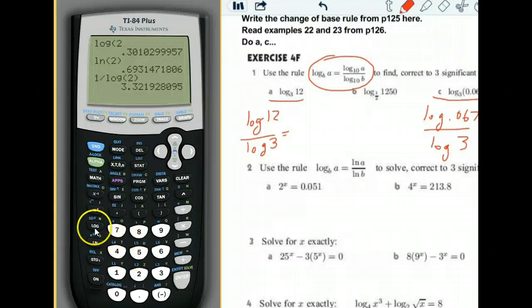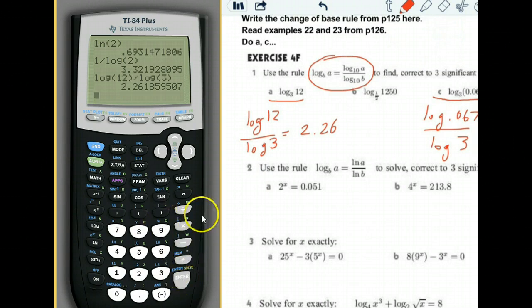Okay, so we're going to take log base 12 divided by log base 3, and it gives us 2.26. Okay, and then what about the other one?